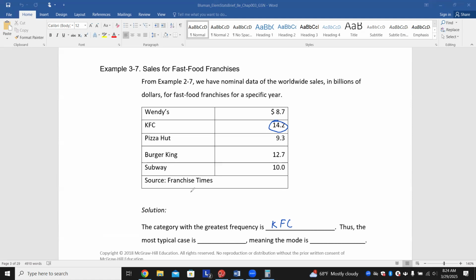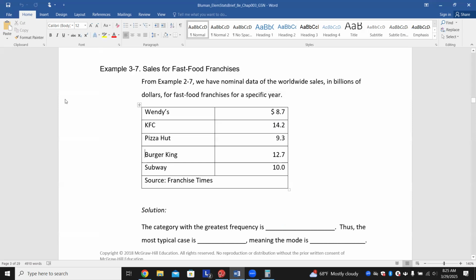Thus, the most typical case here is sales of 14.2, meaning the mode is KFC. Since KFC had the highest frequency, the mode would be KFC as well. All right, so that's what you do if you're given a frequency chart.